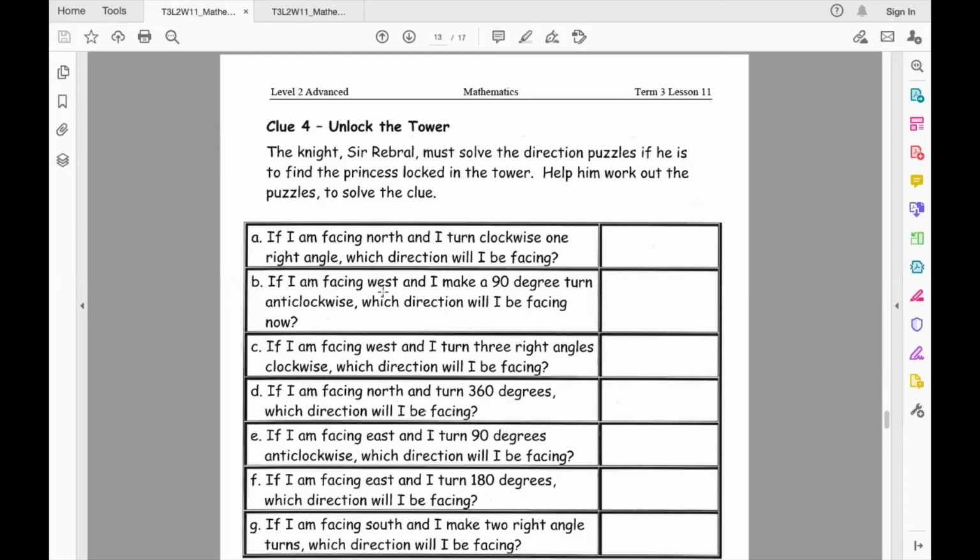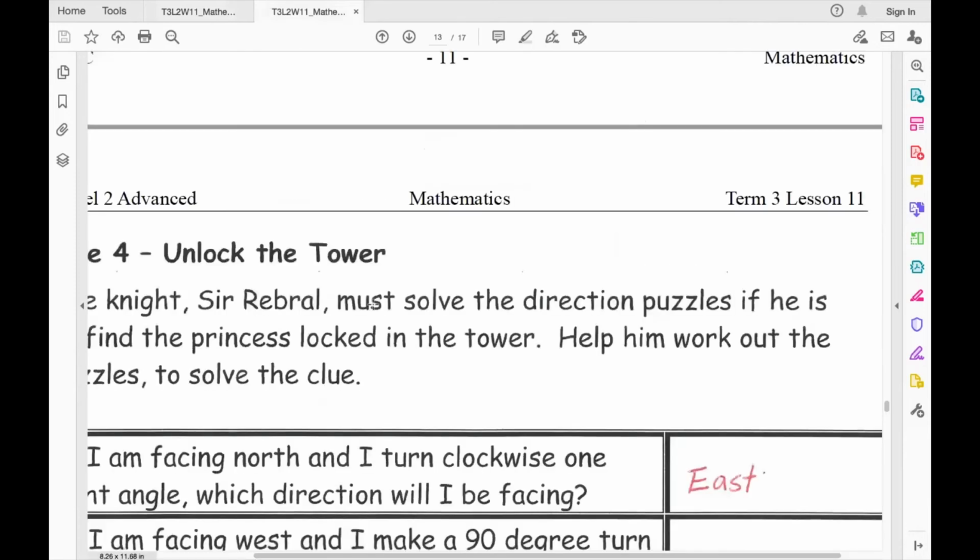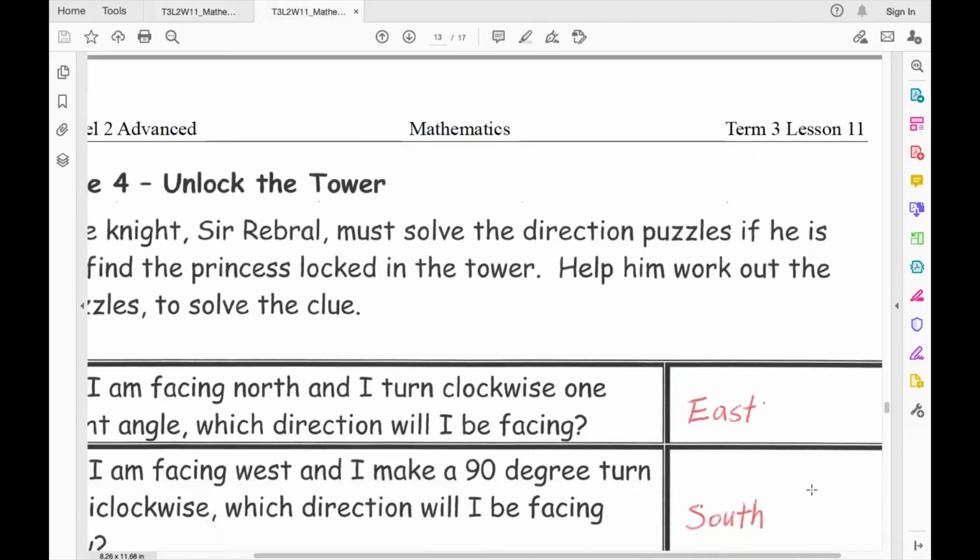So if I start with facing my left-hand side, and then I make a 90 degrees in the opposite direction of the clock, that means I turn to face the wall, so to face the opposite direction of the computer now. So I'm facing away from the computer. Which direction is that? That would be south. And that's how you spell south. S-O-U-T-H.